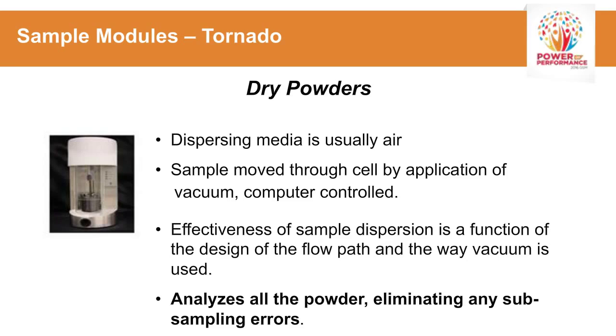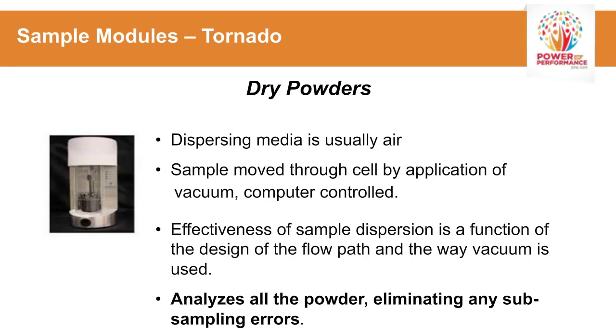But one key thing about this dry powder system is that it analyzes all the powder that you give it. That's what dictates how long the instrument's going to run. So you might add, depending on the distribution, a half a gram to maybe a couple of grams, again, depending on the size distribution. The bigger the particles are, the more volume of powder you might have to run in a short period of time.